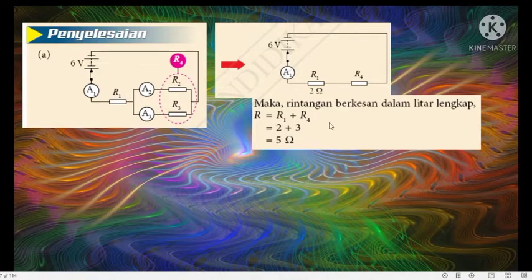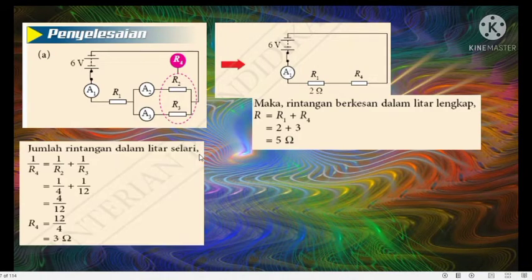Okay, so the effective resistance for the whole circuit equals R1 plus R4. R4 equals the effective resistance for R2 and R3. So how to find the effective resistance for R2 and R3? We can calculate using the formula for the parallel part. 1 over R4 equals 1 over R2 plus 1 over R3, which means 1 over 4 plus 1 over 12.